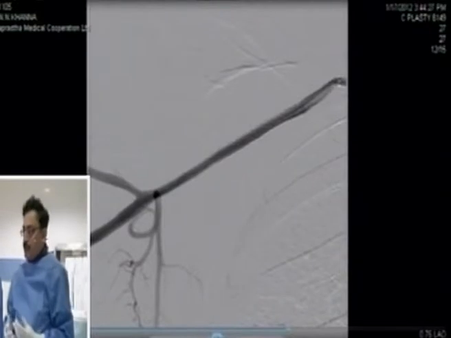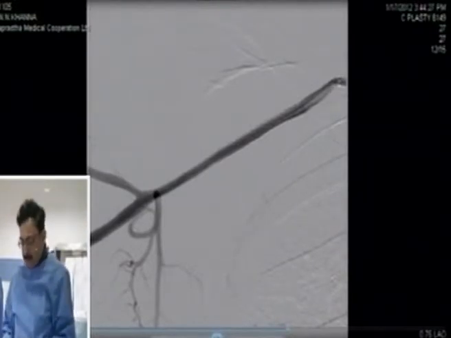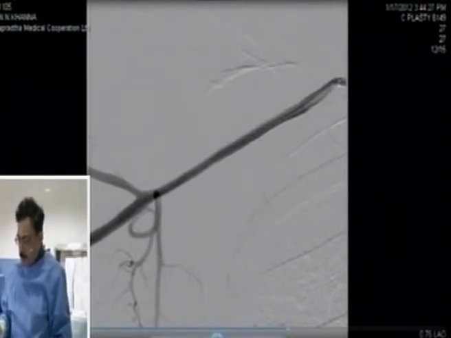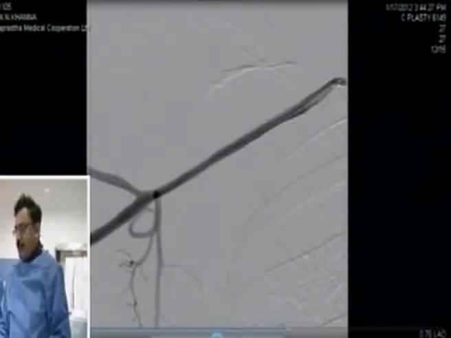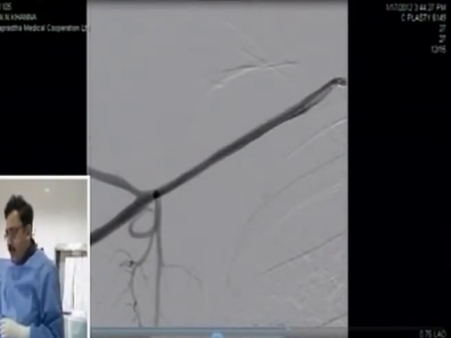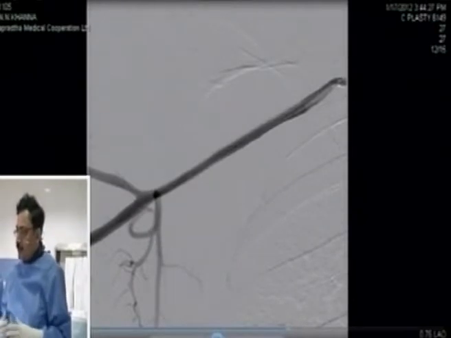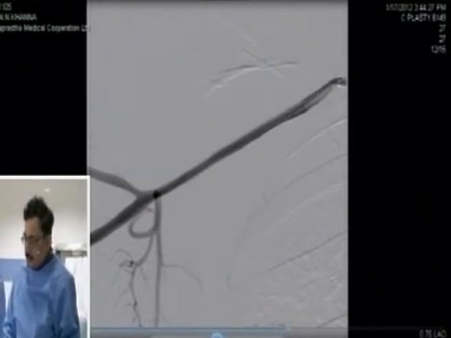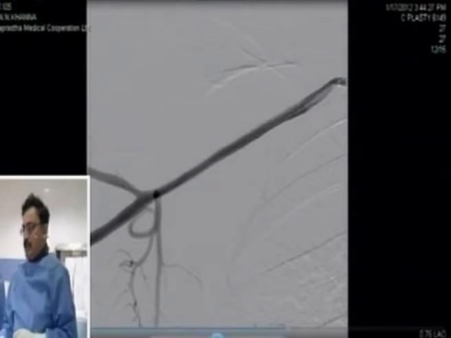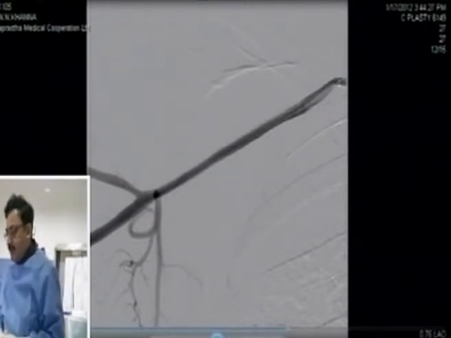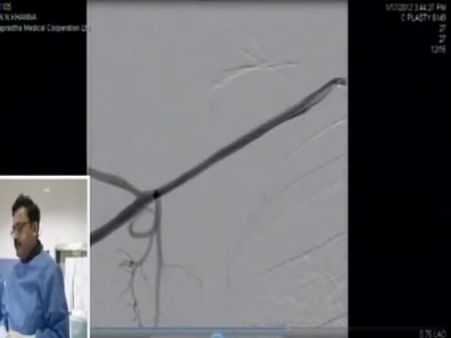Later on, when we saw the IFU of the Atrium stent, we saw that the Arrow sheath is one of the contraindications. This stent should not be used in an Arrow sheath because somehow it gets caught in the internal braiding of the Arrow sheath. Now, this is the final result which we got on this subclavian on the right side.